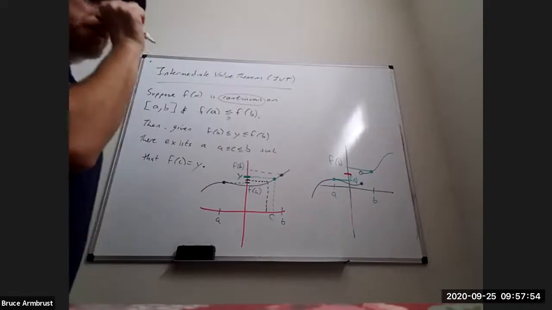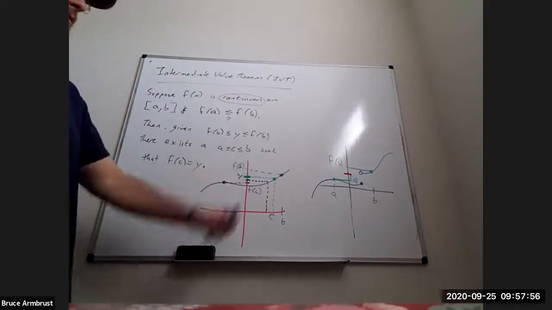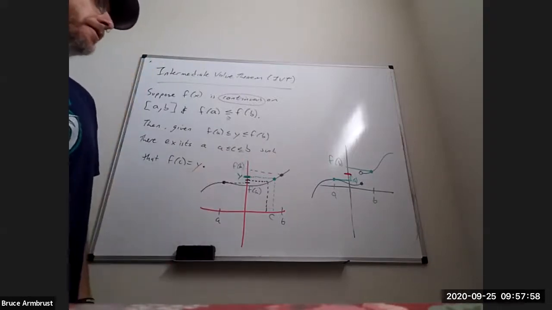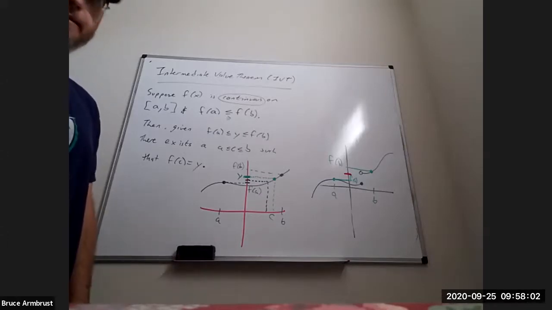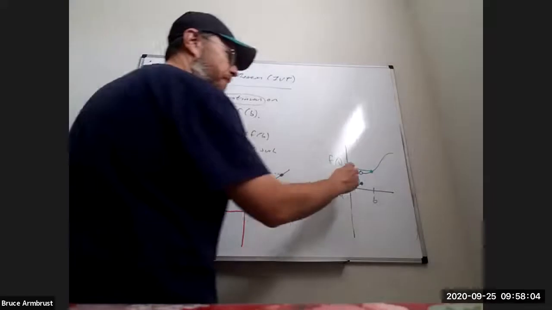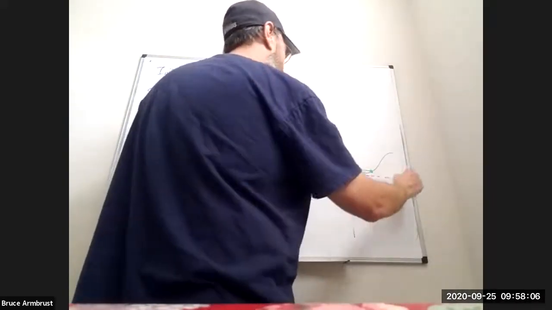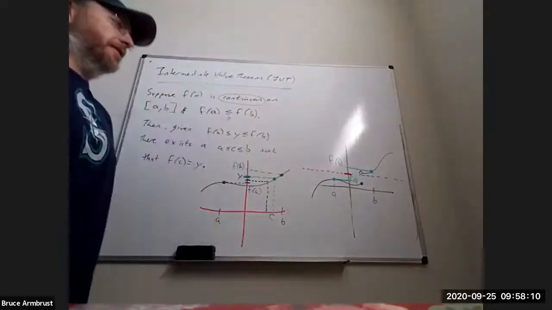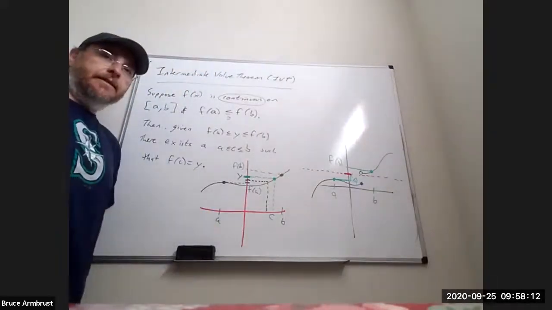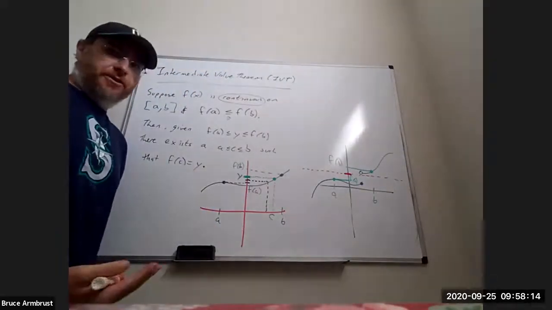Find me a point on the graph of that blue, where the y value is equal to where that red line is. Well, I'll even make this a dashed line so you can see it all. So the question is, where does our graph actually cross that line? And the answer is nowhere, right?